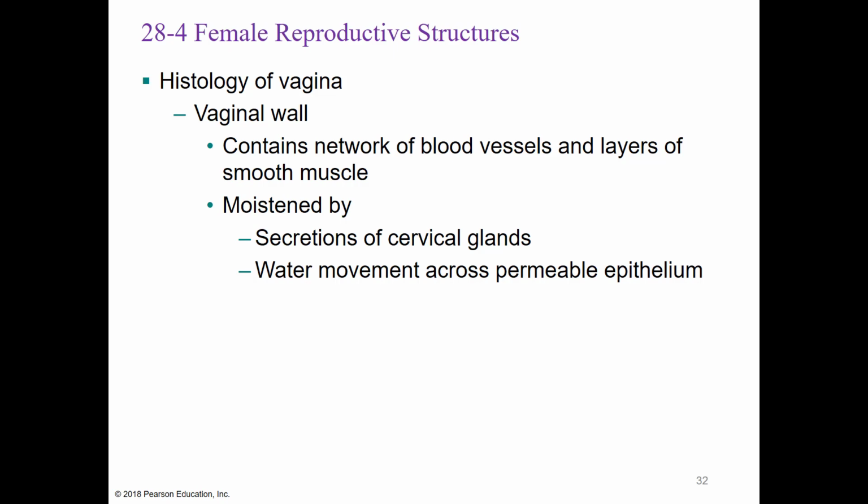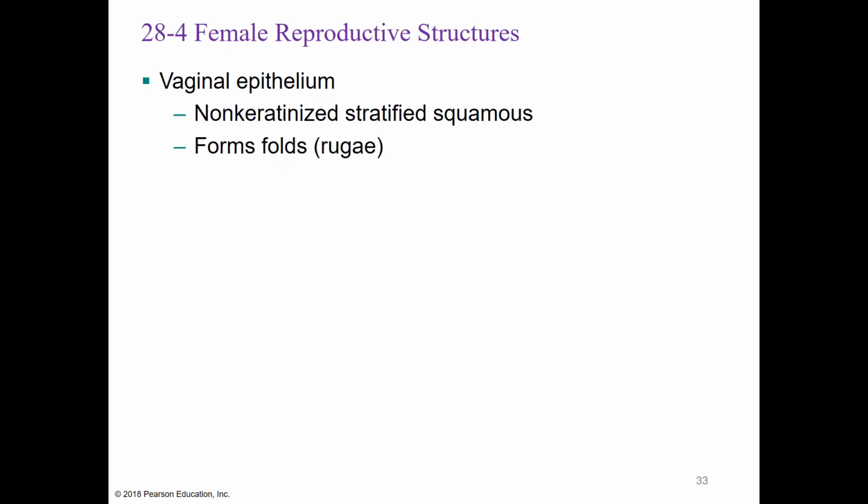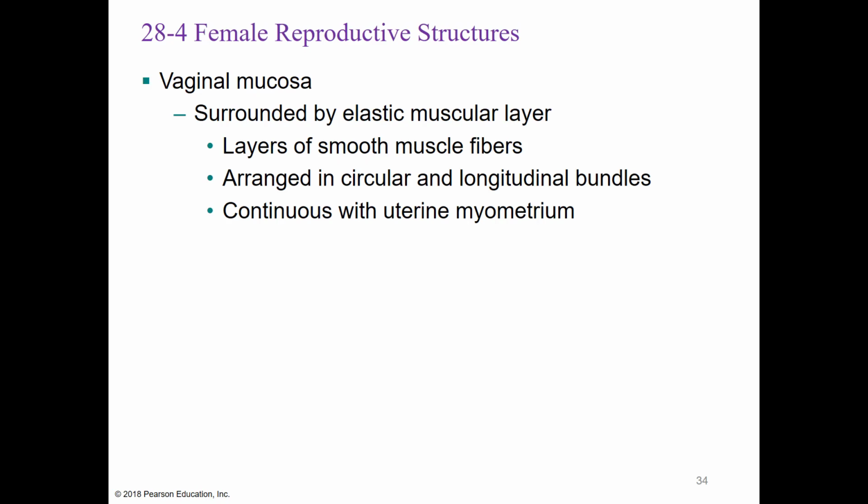The vaginal epithelia is non-keratinized, stratified, squamous epithelia, and has folds in it, which we just mentioned, the rugae. The vaginal mucosa is surrounded by an elastic muscular layer, again smooth muscle fibers, arranged in a circular and longitudinal bundle. It's continuous with the uterine myometrium.